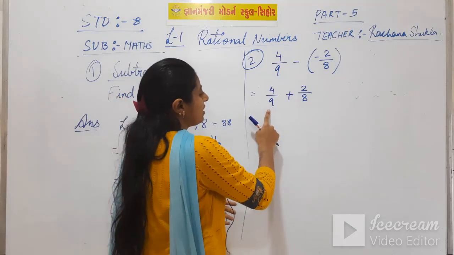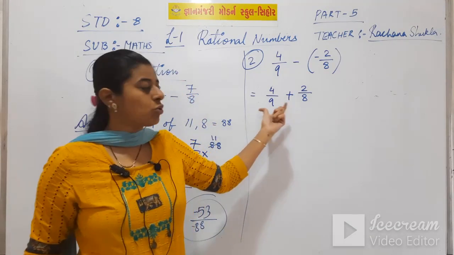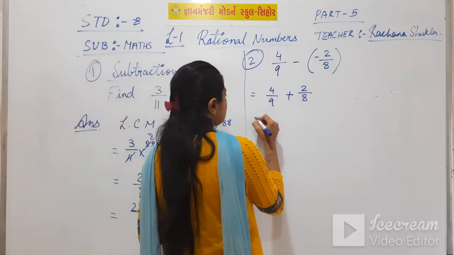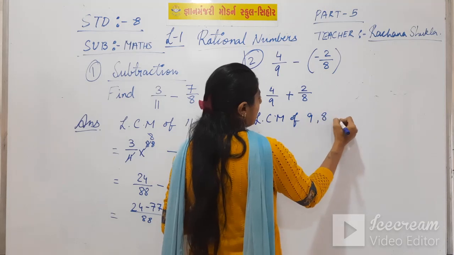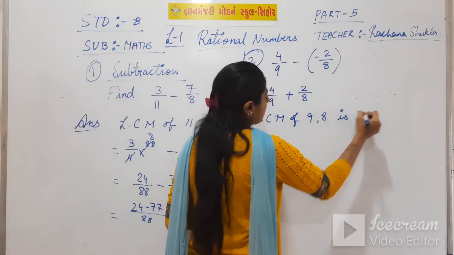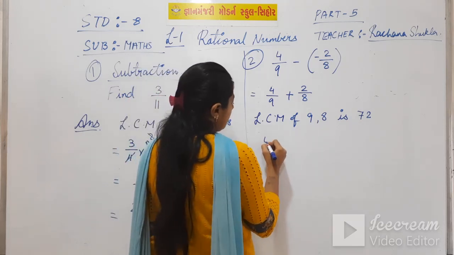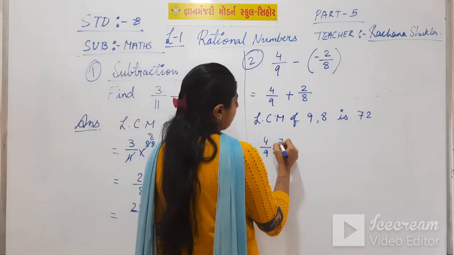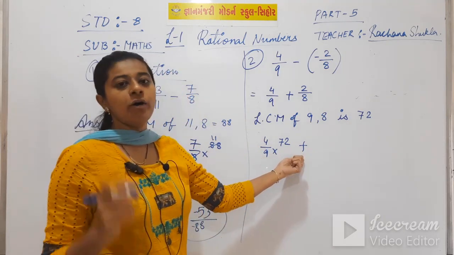The denominators are different, so you have to take out the LCM. LCM of 9 and 8 is 72. 9 8s are 72. Then multiply the LCM with both the terms, and in between the sign will be plus.